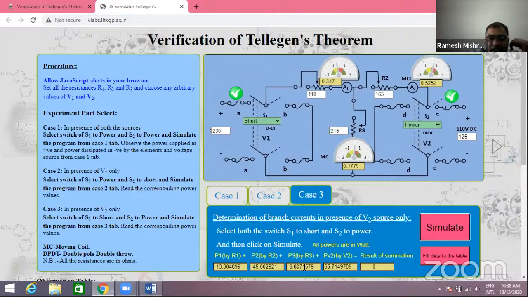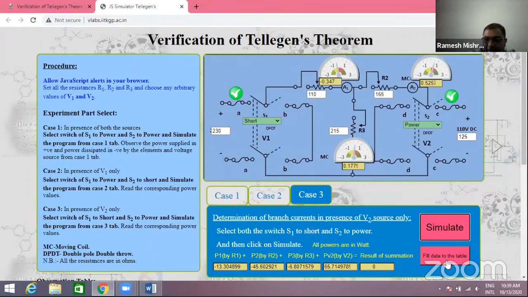The power for the third resistance is equal to minus 6.80715779, and the power for the second voltage source is equal to 65.71497889. After calculating all these powers, the summation of P1 plus P2 plus P3 plus PV2 is equal to 0, which means this network also verifies the Tellegen theorem.